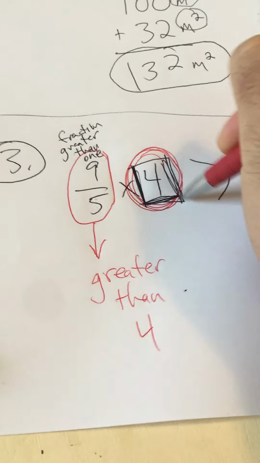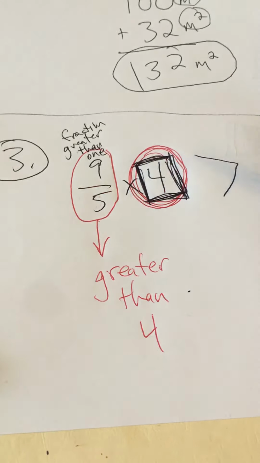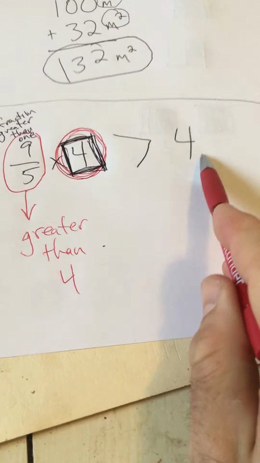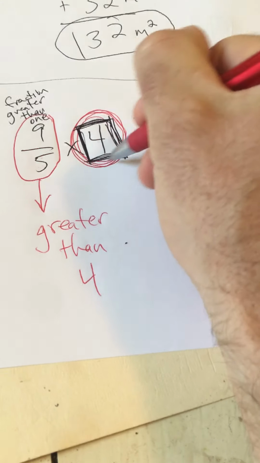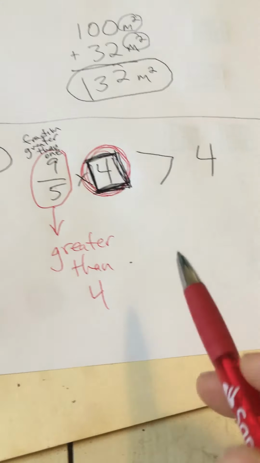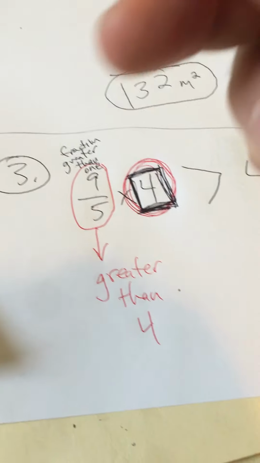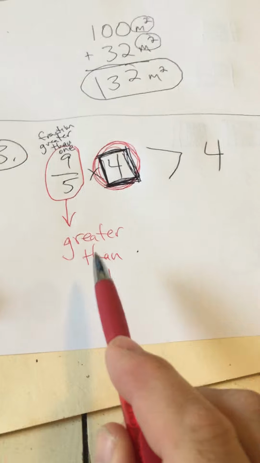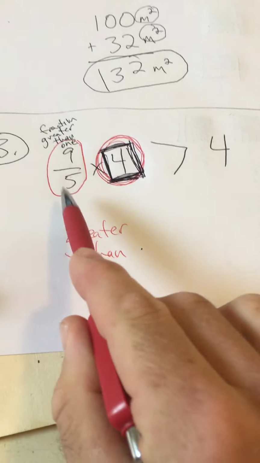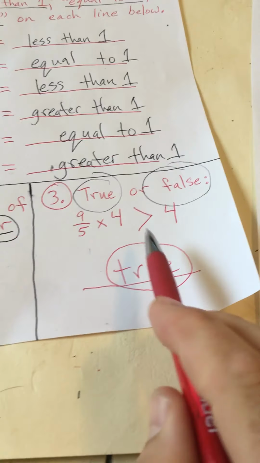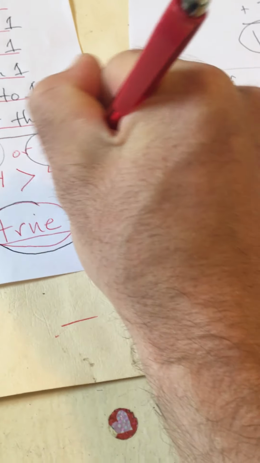It's going to make 4 greater. So when this is saying 9/5 times 4 is greater than 4, yes, that is true because 1 times 4 is equal to 4. So a fraction that's more than 1 times 4 is going to be more than 4. It's going to be greater than 4. So this, 9/5 times 4 is greater than 4, is true. So the answer here was true.